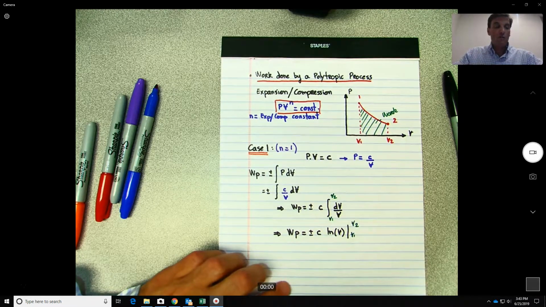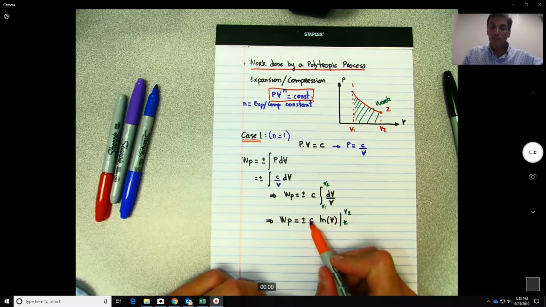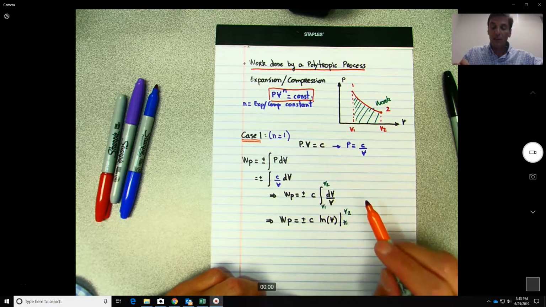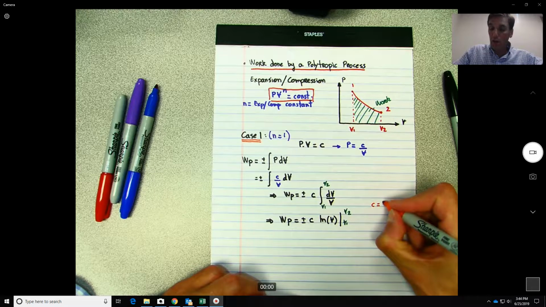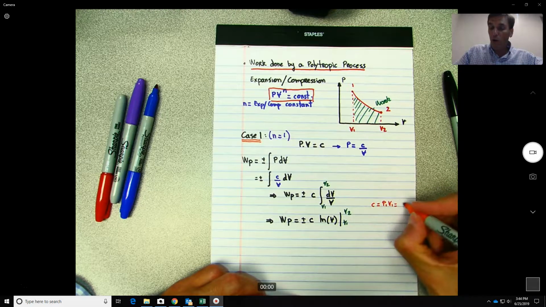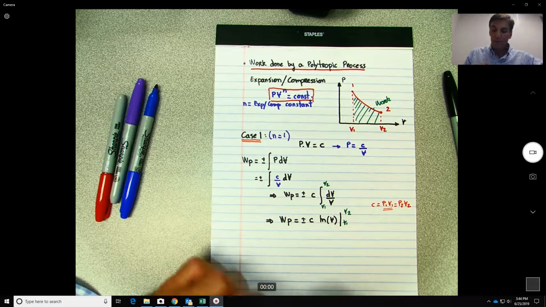Okay, so now I'm going to start simplifying the expression. What is C? C is a constant equal to P times V. So C could either be equal to P1 V1, or it could also be equal to P2 V2. In this case, I think we're just going to use this one.